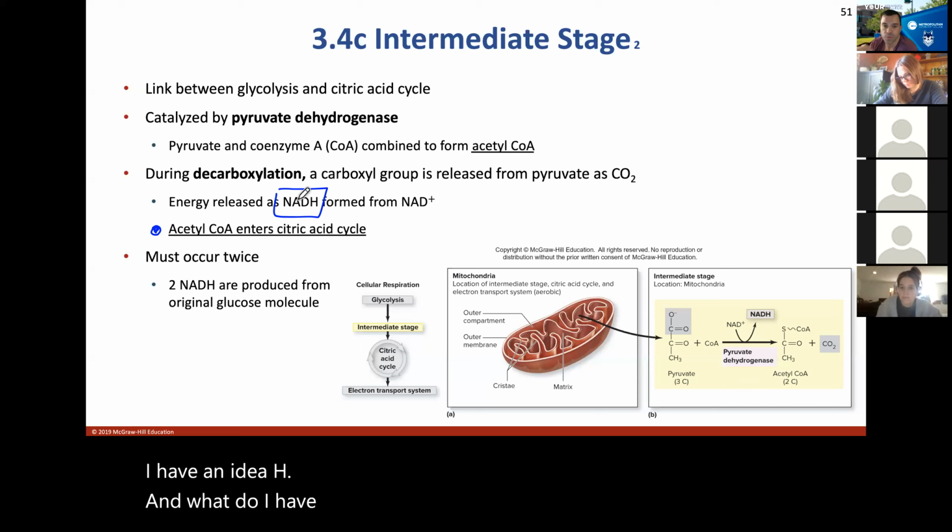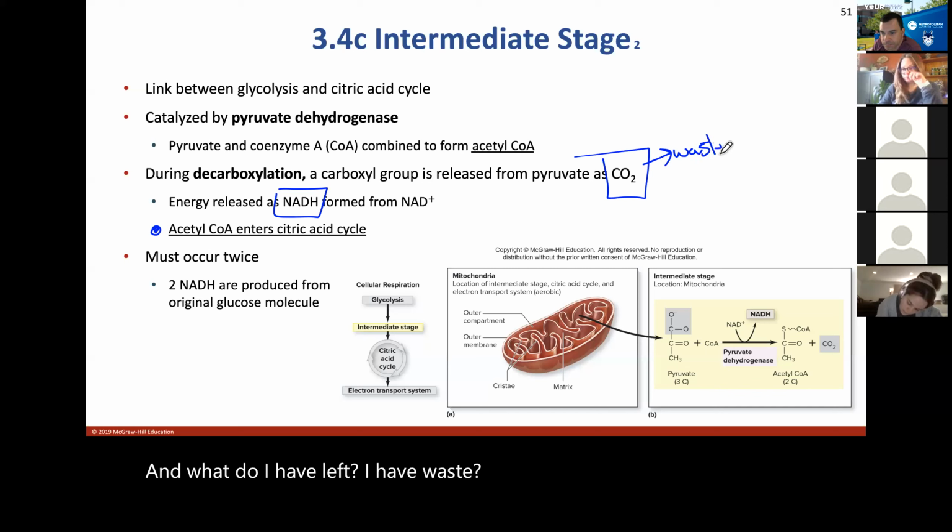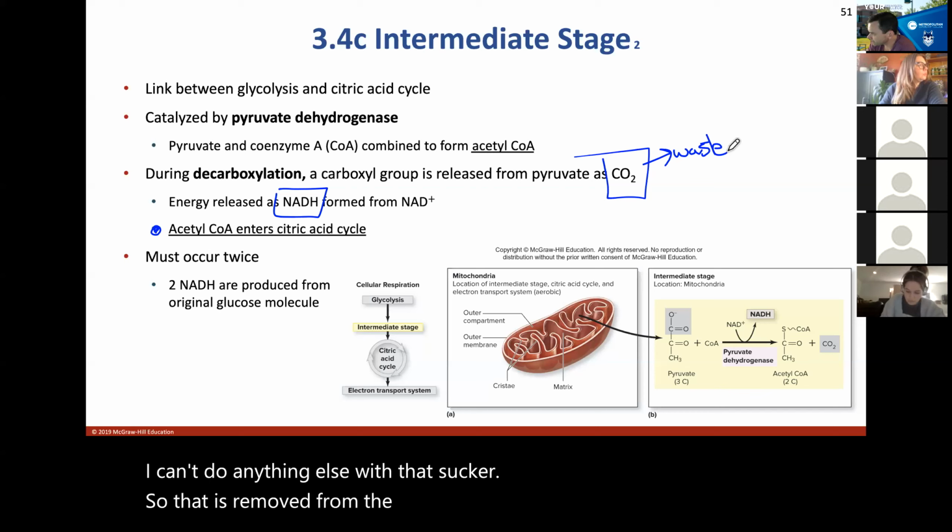I have waste. I can't do anything else with that, so it is removed from the system.